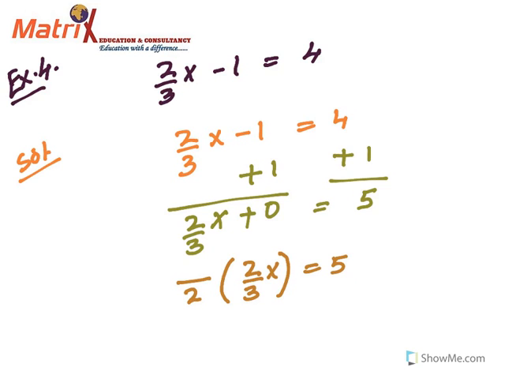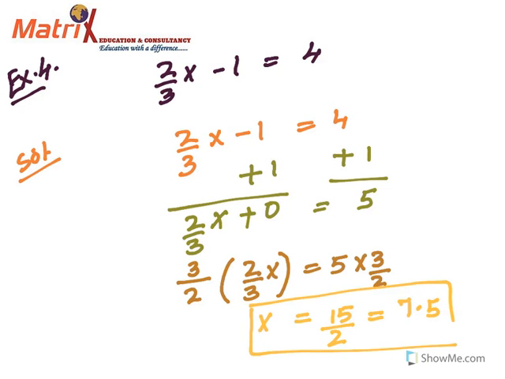I have 3 in the denominator, so I will write 3 in the numerator, but of course on both the sides. So 2 by 3x times 3 by 2 will make it 1x. So I can write this as x is equal to 15 over 2, which is equal to 7.5. And that's our answer.